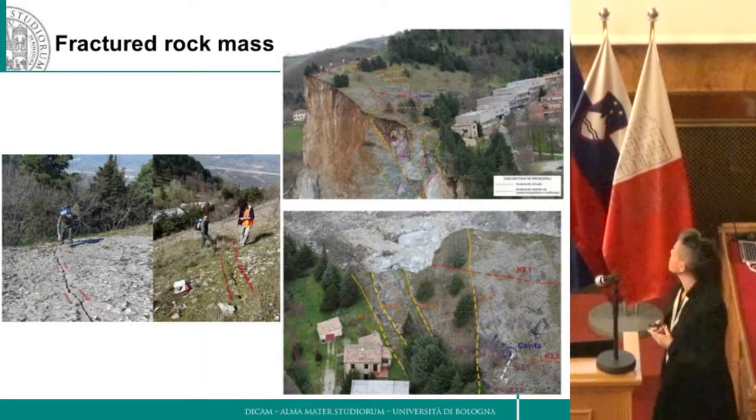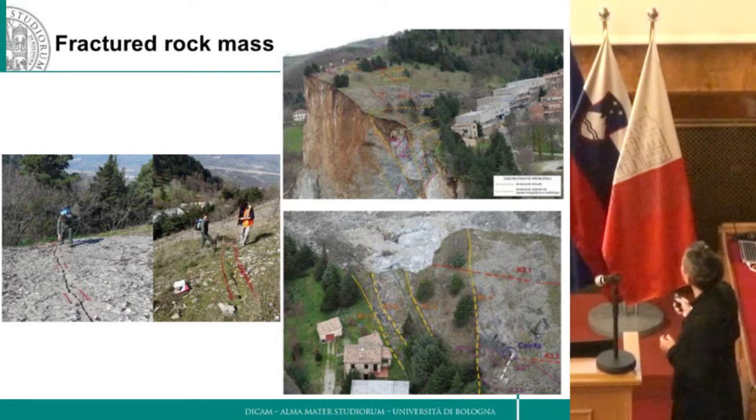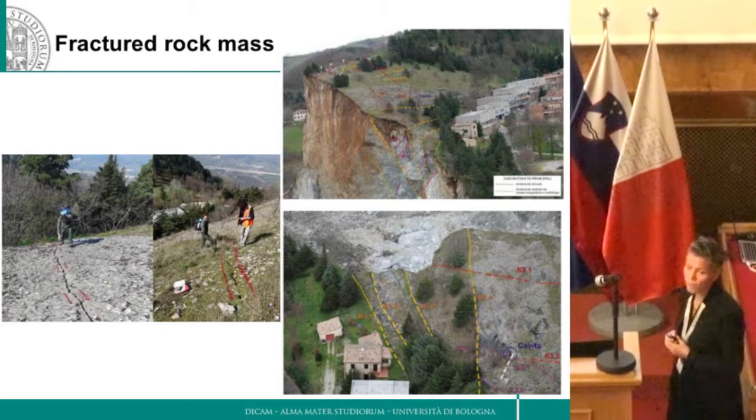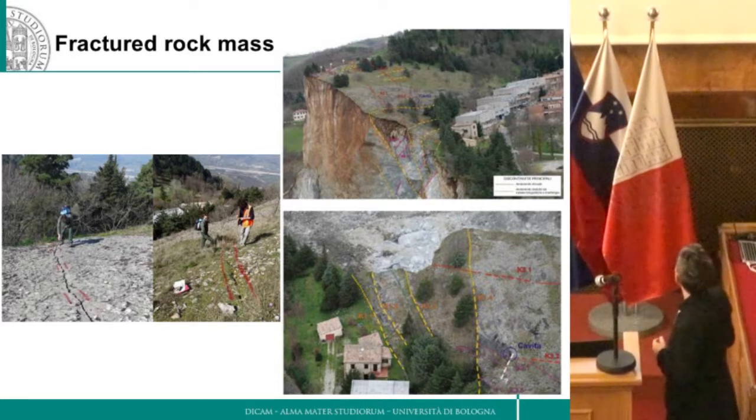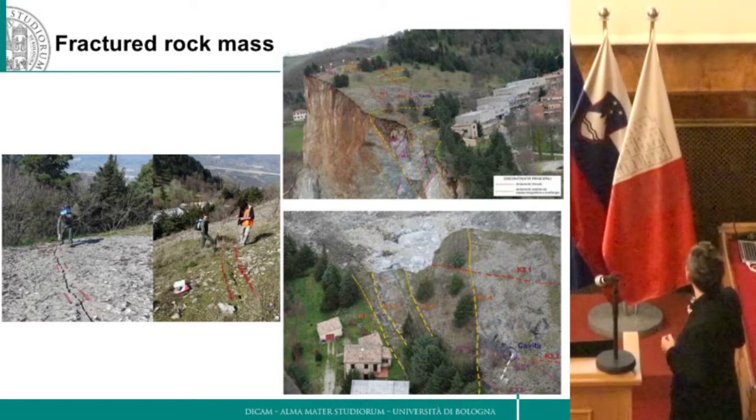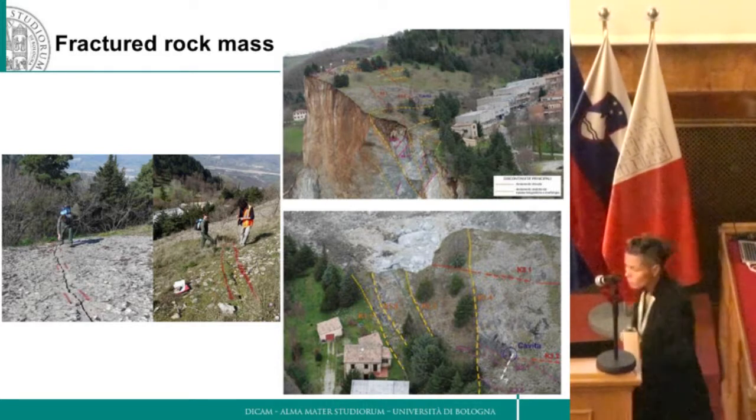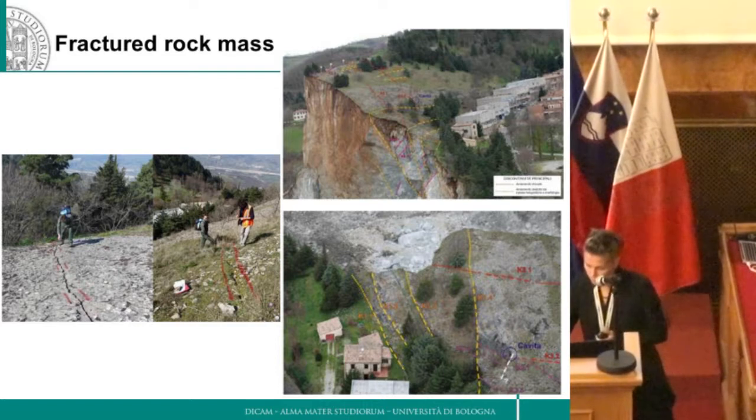Other very important pieces of evidence were found on top of the slab, because on top of the slab we had the opportunity to map open fractures. And you see that these open fractures are evident also in orthophotos.